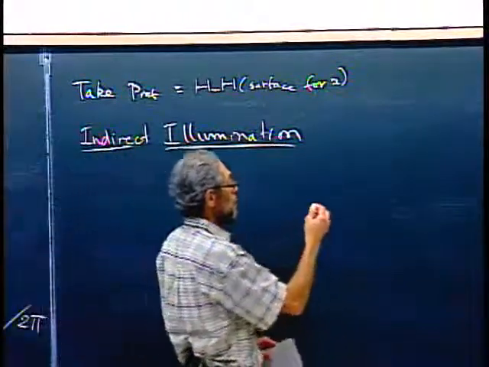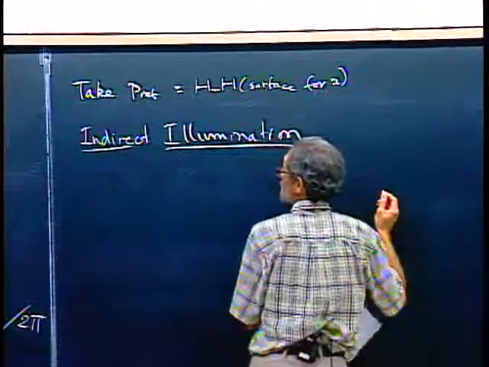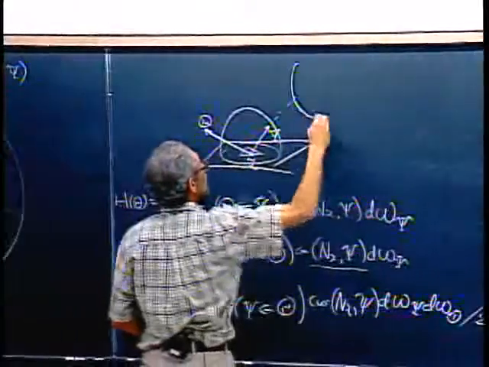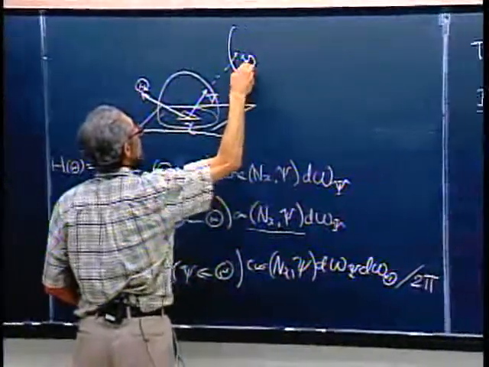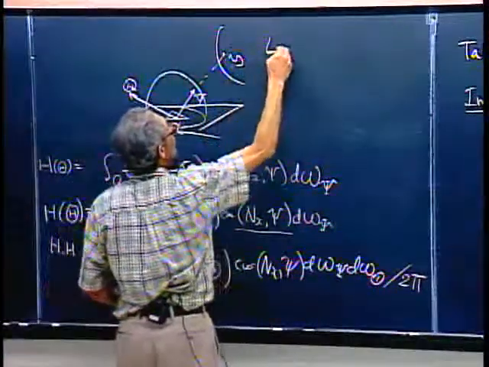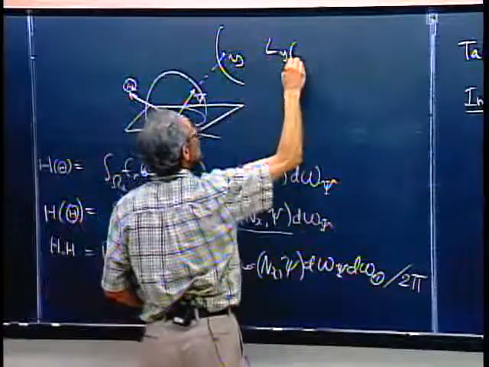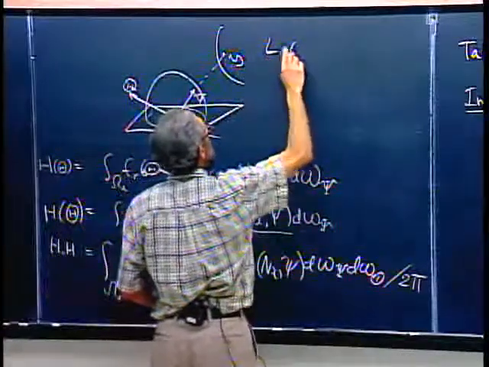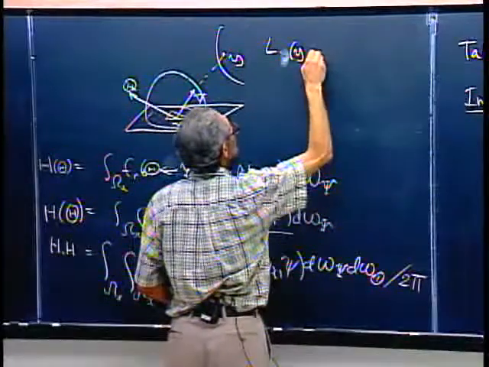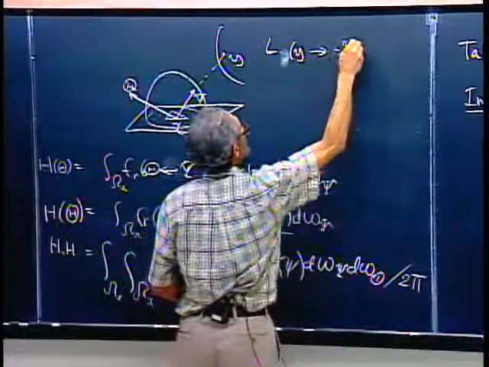Right, so let me draw the usual sketch. Maybe I'll draw it up here since I've already got the surface point x and the incoming direction. So we're going to trace this off to another surface where it hits at point y, and then at this point y, L of y going in the direction of minus psi, right?